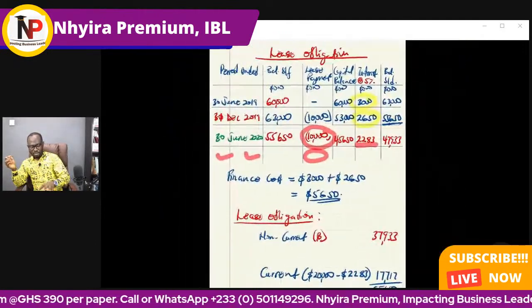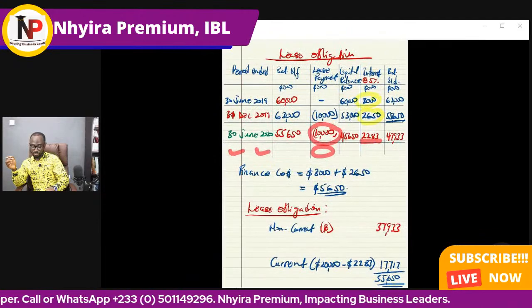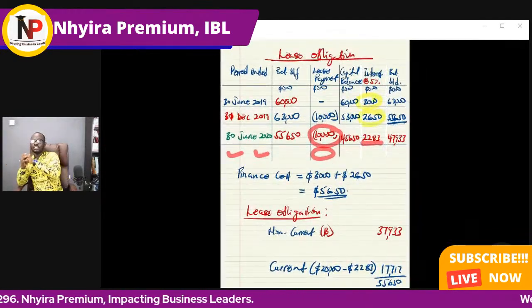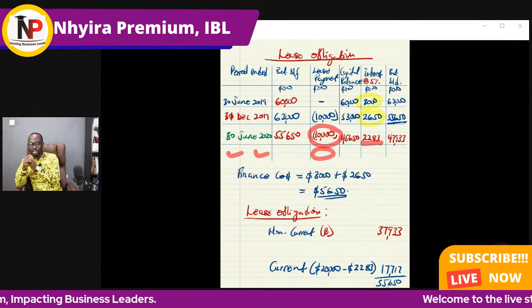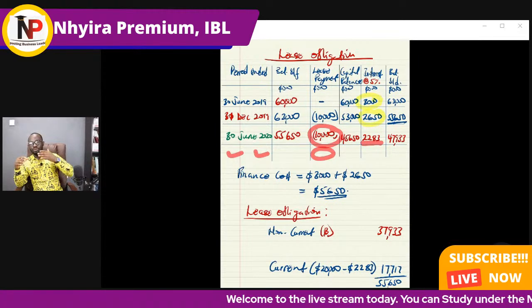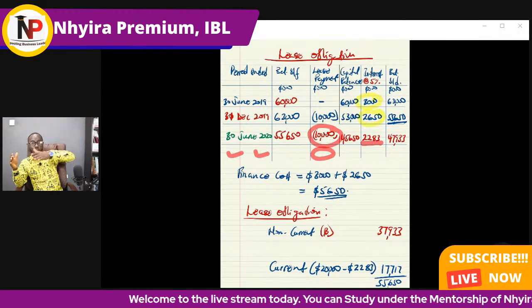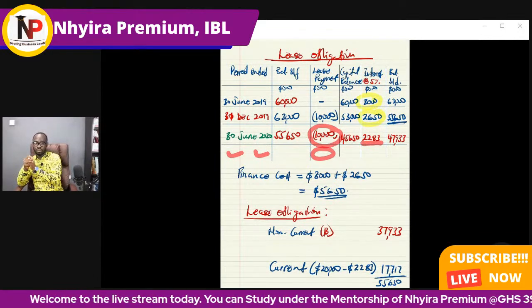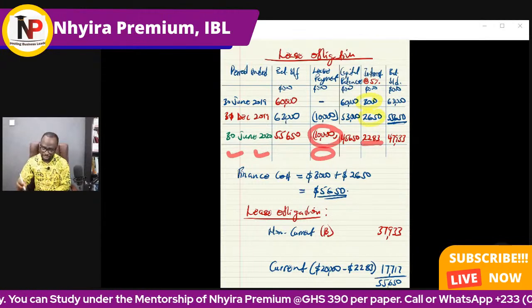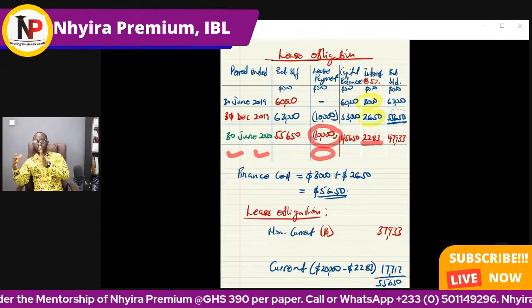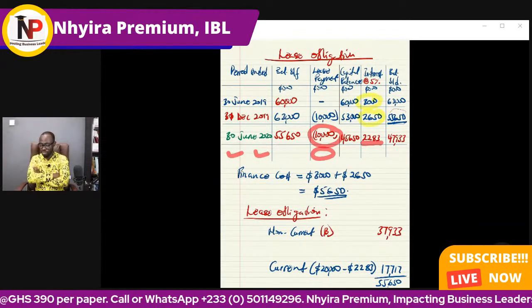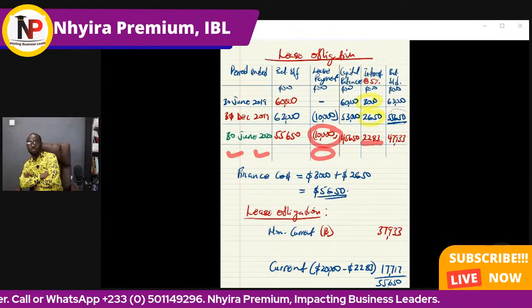Now, let me also say this. There is another school of thought that states the split to be that you calculate all the interest payable in the remaining period of the lease, and then you deduct it from the carrying amount. So all the interest outstanding for the remaining period will become the current component.